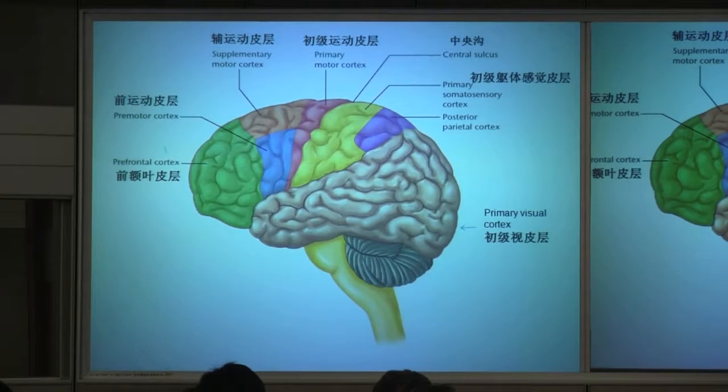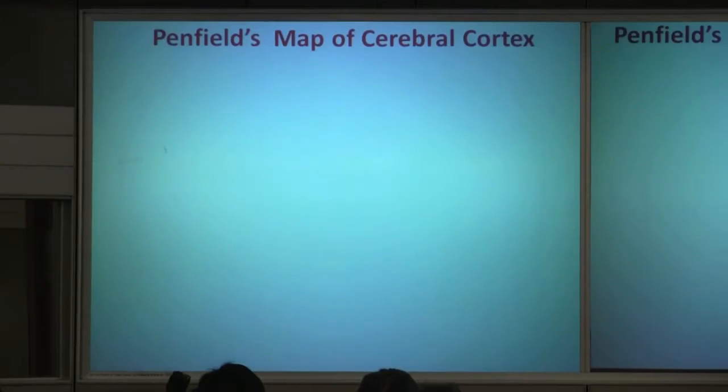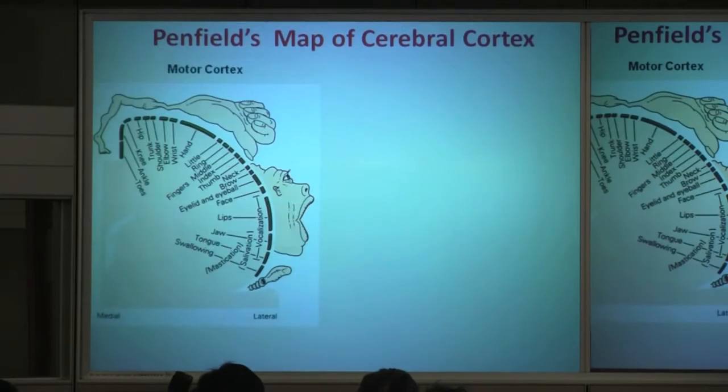Now, if you look in detail, you cut a cross-section of the motor cortex, you'll find that if you get a piece of cortex here and look at the function within this cortex, the cortex is even subdivided into more subregions. For motor cortex, different regions of the motor cortex are devoted to different parts of the body.